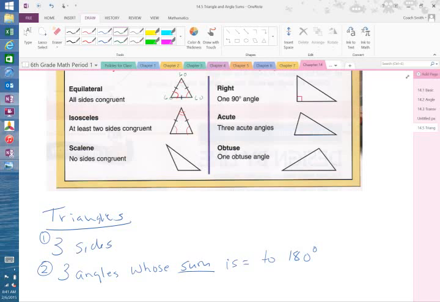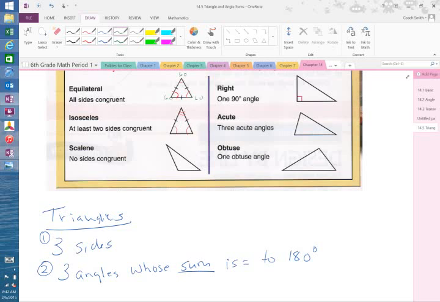Because an isosceles triangle has to have two angles that are the same, because it has two sides that are the same. The number of sides that are the same translates into the number of angles that are the same. An isosceles triangle has at least two sides congruent. Well, an equilateral has three sides congruent, so it is also an isosceles.